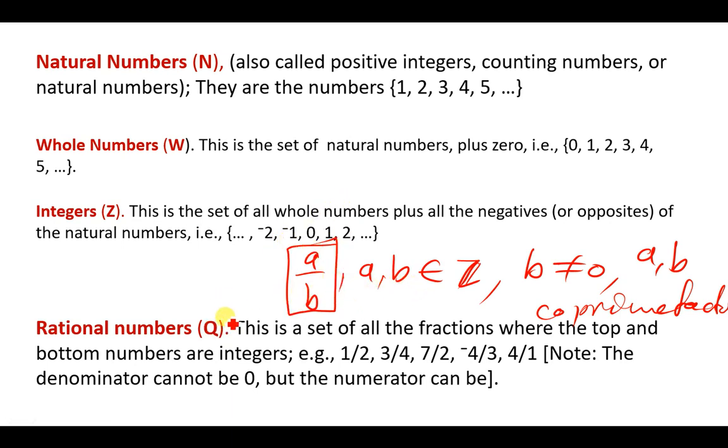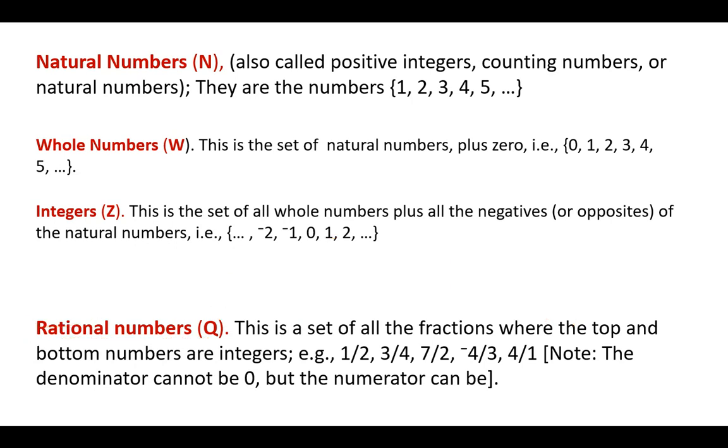So today we're going to go into detail about rational numbers, and then the next time we meet, we'll do irrational numbers. Irrational numbers are simply the opposite of rational numbers. Since rational numbers can be expressed in the form a over b, irrational numbers cannot be expressed in the form a over b.